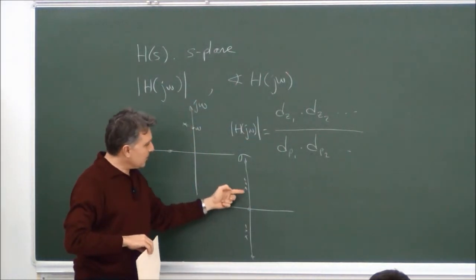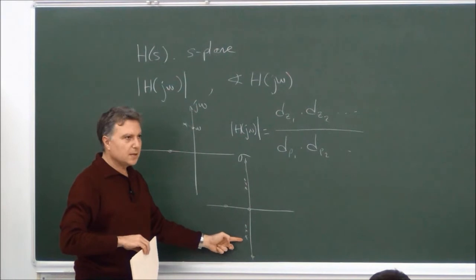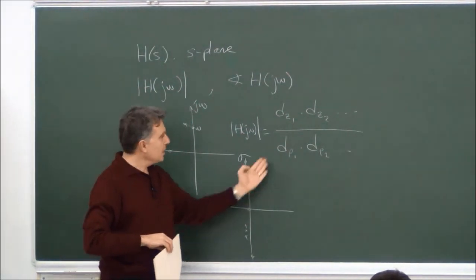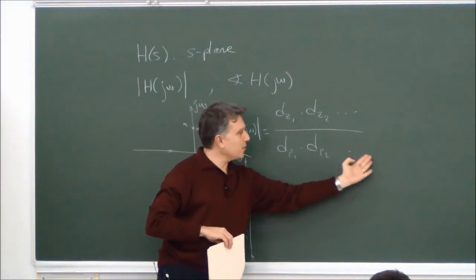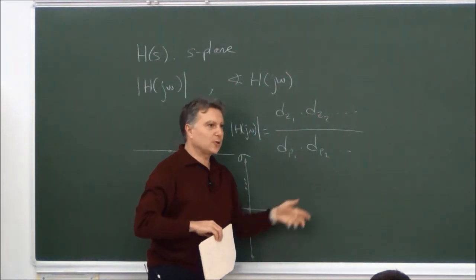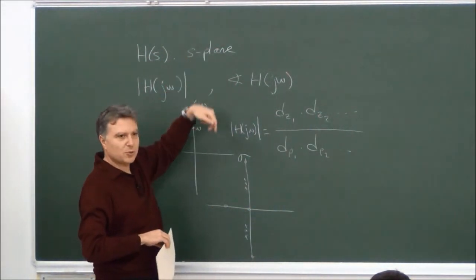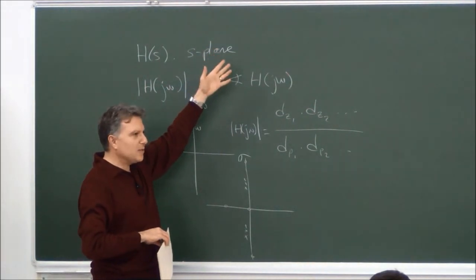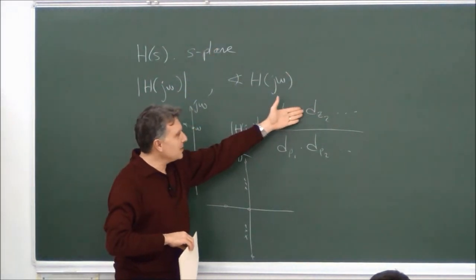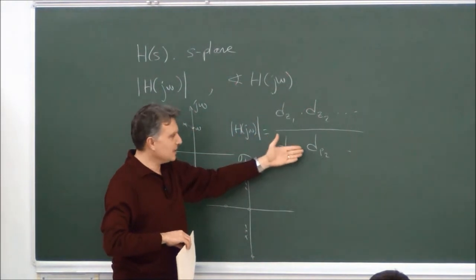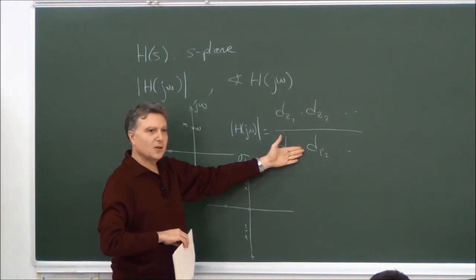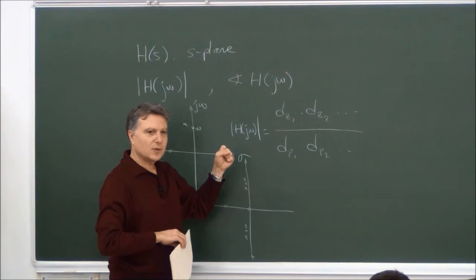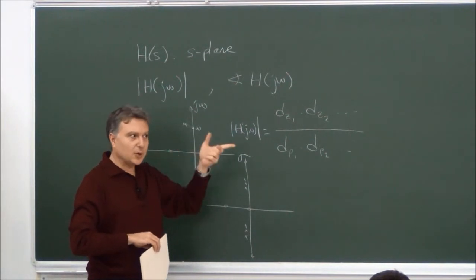But the distances from the poles, how many of them are here? There are 6 of them. So in the denominator, there will be 6 terms, which are also going to infinity as you proceed towards omega equal to infinity. So as omega goes to infinity, 4 of these infinities divided by 6 of these infinities, what will the ratio be? 0. It will go to 0.